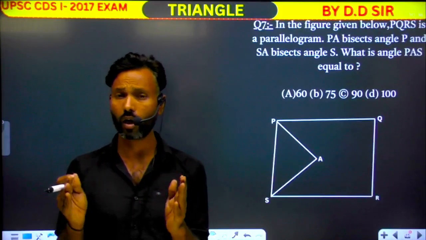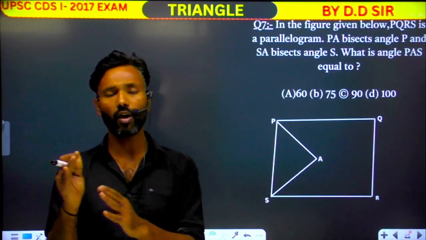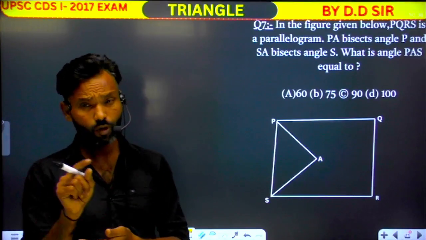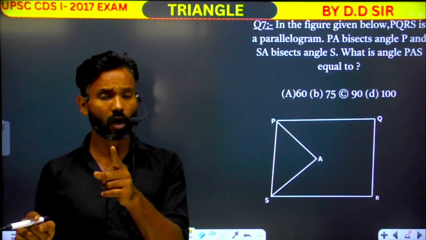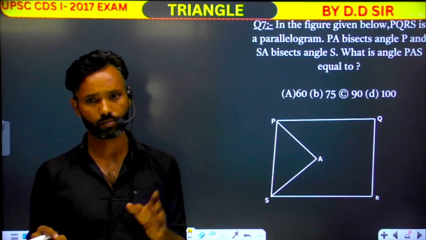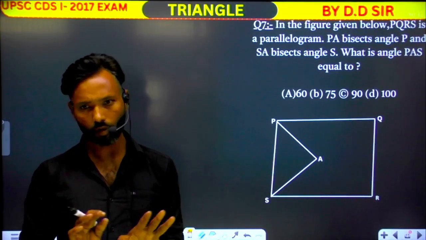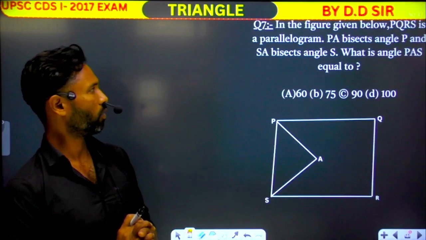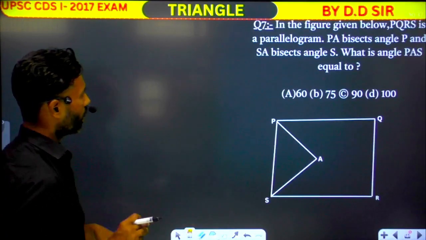A parallelogram is a type of quadrilateral in which opposite sides are parallel. Understand that? I have also told you that in a parallelogram, opposite angles are going to be equal. This is quite simple. Now always remember one property related to a parallelogram.